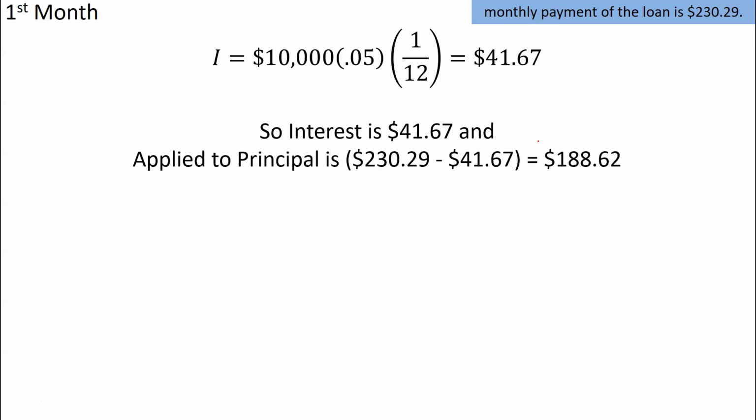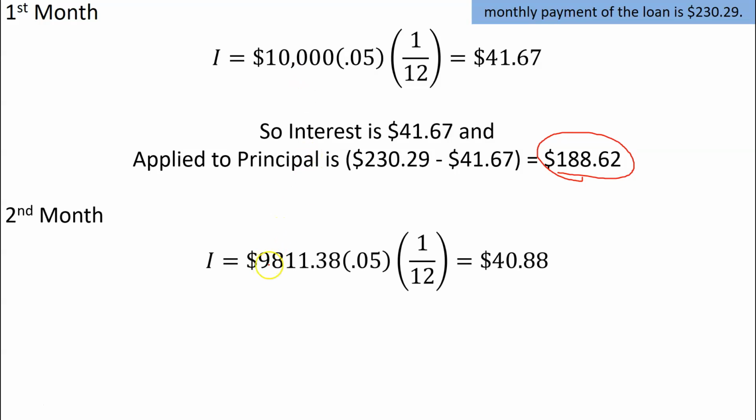Second month, let's see, the second month's going to be different because now that I've lowered this $10,000 by this amount, that number is, of course, not going to be the same anymore. So the second month, it's only $9,811.38 is now the principal. I go through the same calculation and you'll see, oh, the interest went down, which it should because you didn't have as much principal.